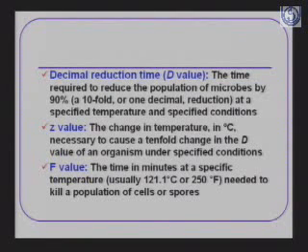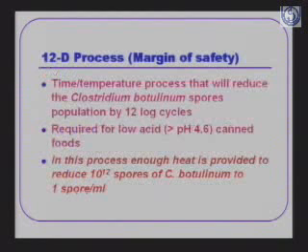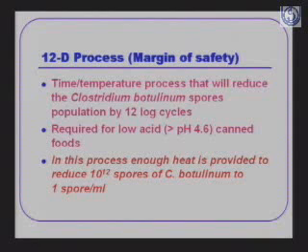And F value is also a time in minutes, but at a specific temperature of 121 degrees centigrade, which is needed to kill a population of cells or spores. Now we have a 12D process. It is used as a margin of safety in case of canned food products, which are usually low acid, that is, which have a pH of more than 4.6.